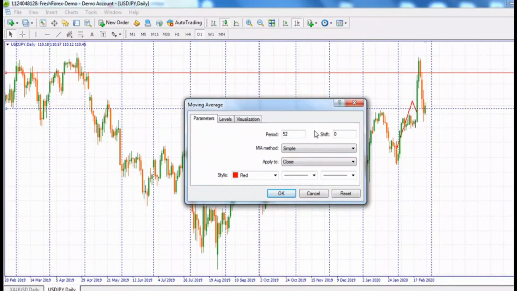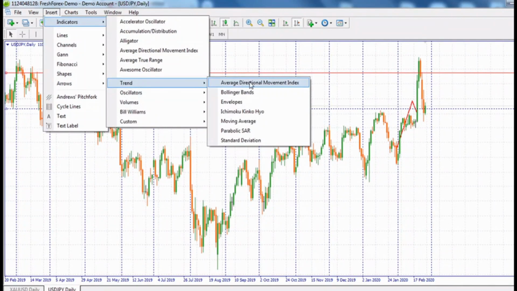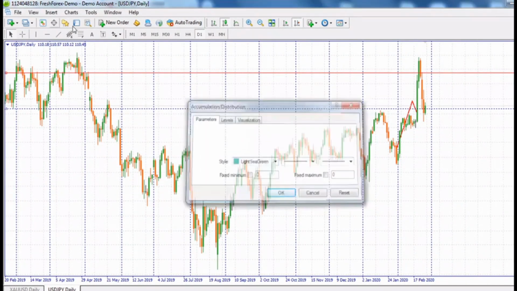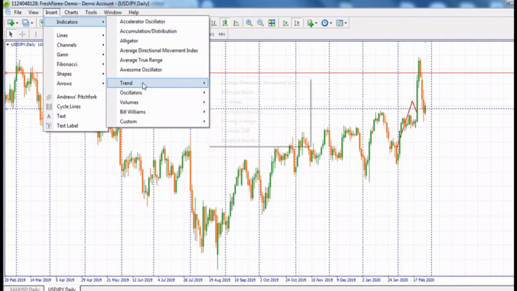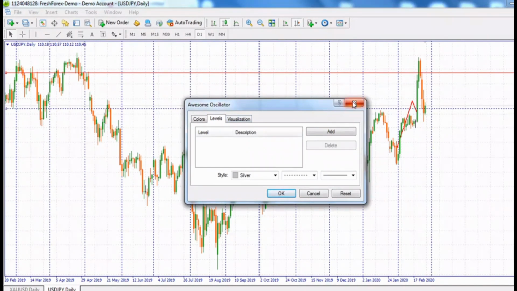Whichever indicator you're using, almost all of them have that period. There's that parameter where you can choose the period. This one doesn't have the period. And then we have the next one, which is Bollinger Bands. It has no period just yet. This one has no period. And then we'll look at the other one.